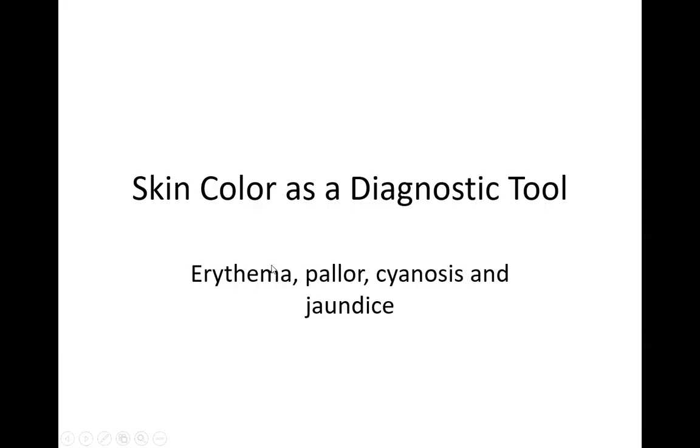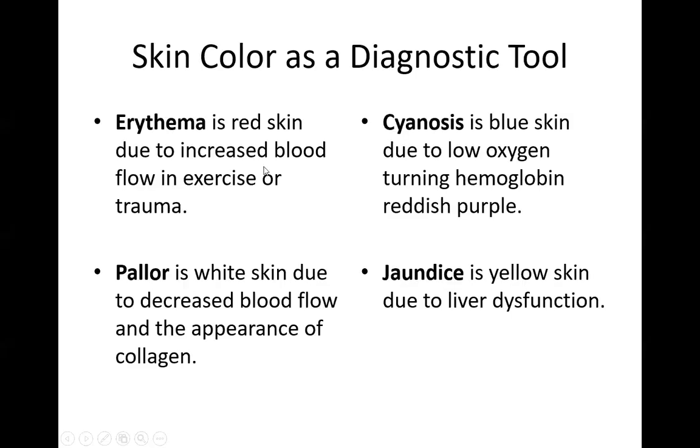Cyanosis is when there is not enough blood supply to the tissue and the tissue is suffocating, which can lead to necrosis. Jaundice is a severe yellow discoloration of the skin and sclera of the eye due to the breakdown products of hemoglobin, caused by liver dysfunction.